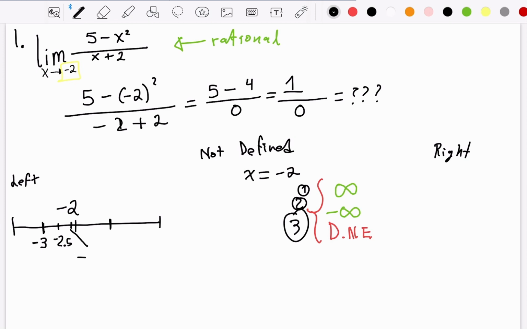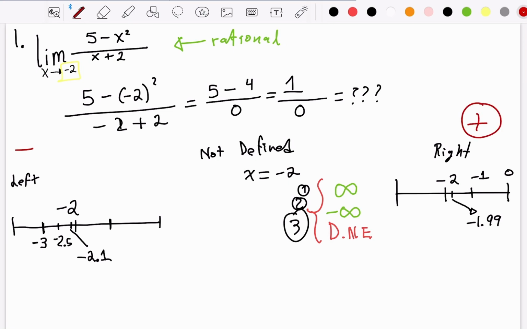Let's say -2.1. Okay? And from the right side, very similar, I will take a number that is to the right of -2. That could be -1, 0. But I'm going to pick a number that is very, very close. Let's say, for example, -1.99. These numbers here are to the right. These numbers here are to the left.